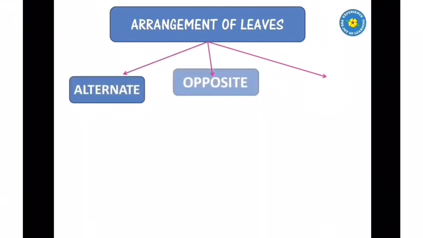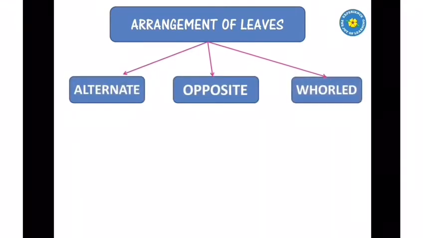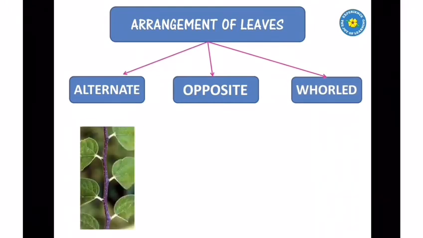The next is the arrangement of the leaf. Leaves are arranged on the stem and branches based on the following three types. The first one is alternate, next is opposite and the whorled. So what is alternate? Only one leaf arises or develops from each node.